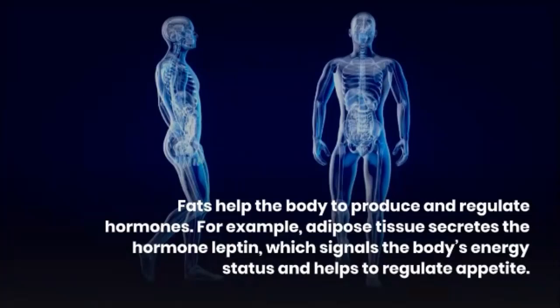Because the energy level tends to get depleted, reduced from time to time, hour to hour. So once the adipose tissue notices that the energy level is low, it signals the body, and the body starts telling you, we need to eat something. And that's how the desire for hunger comes into place, because that regulates your appetite. Okay?